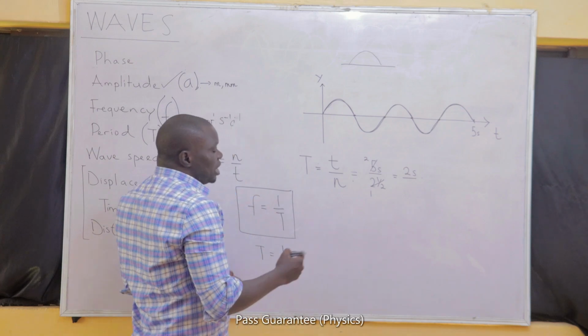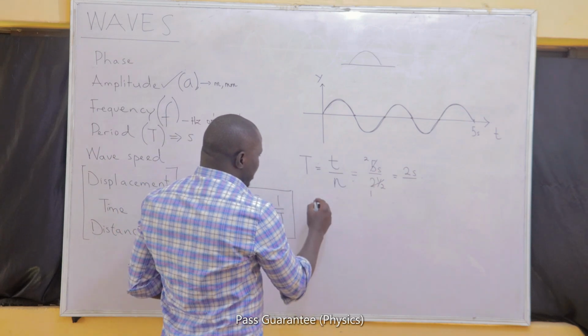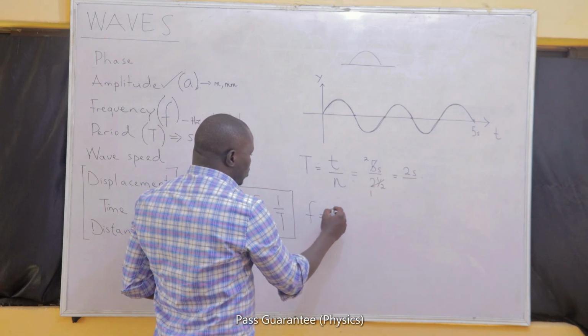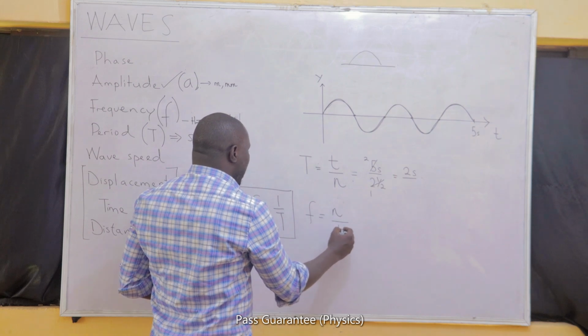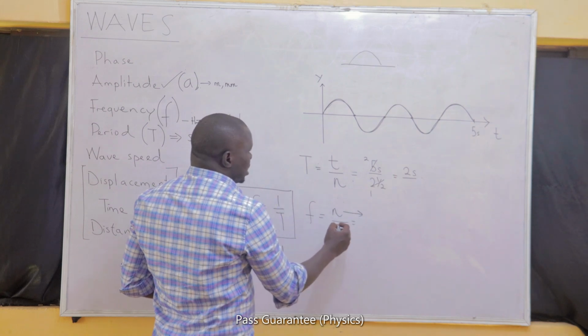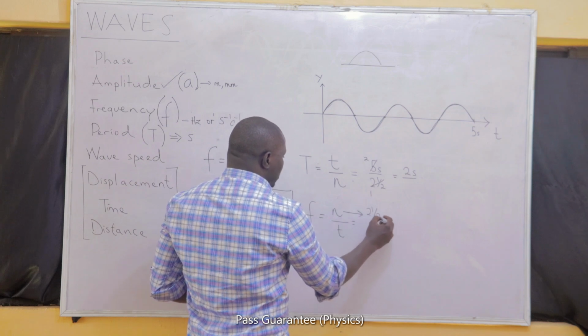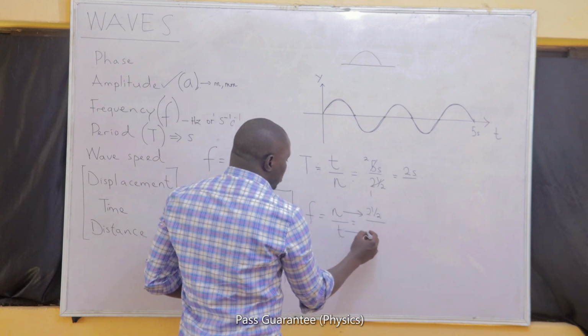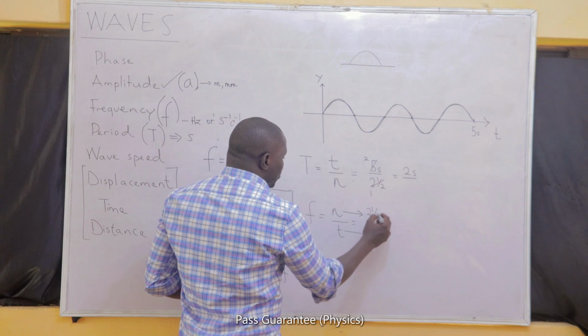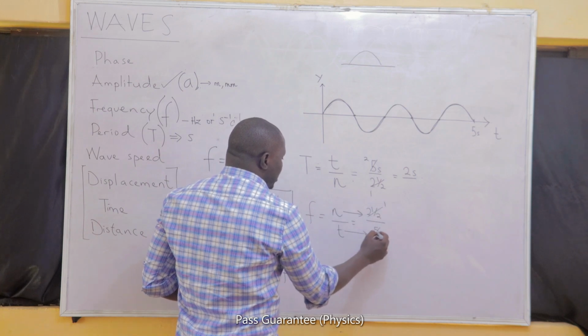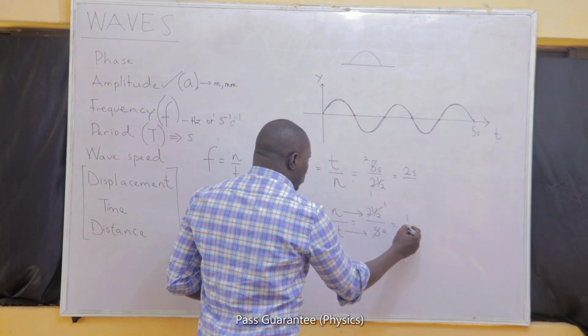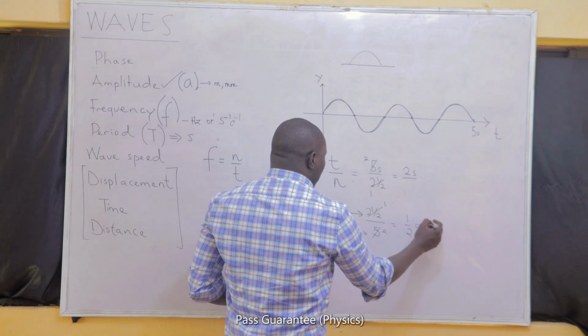If it were to be the frequency that I need, I would have done frequency is equal to the number of cycles divided by time. The number of cycles in this case is 2.5, as we have seen, and the time that it took the wave to cover that 2.5 cycles is 5. If we divide, we should have 1 all over 2, and 1 all over 2 is 0.5.